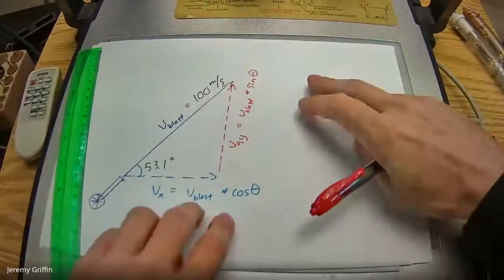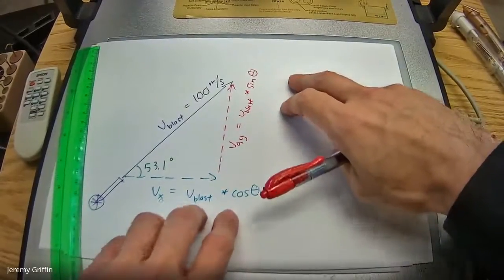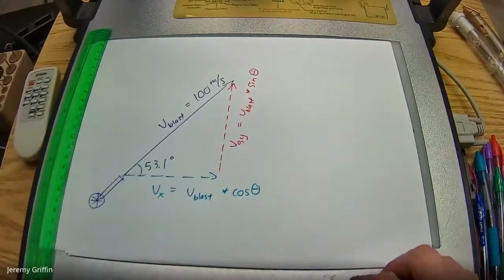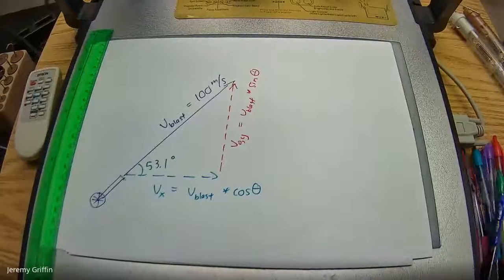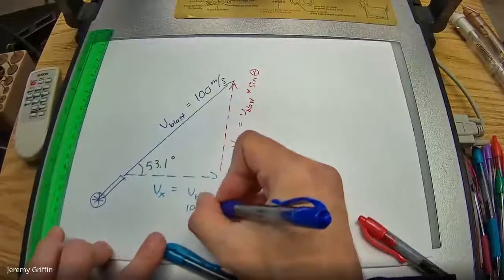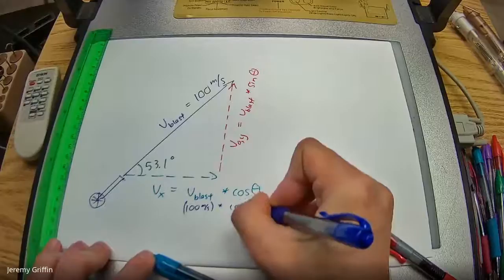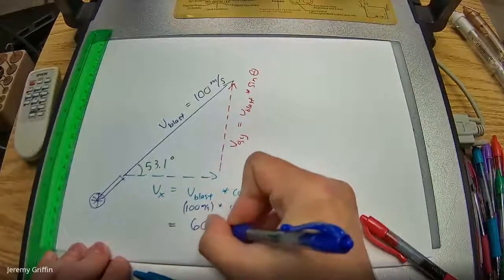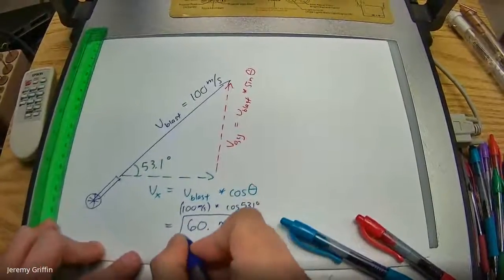What I just wrote, you should feel really comfortable with by this moment in the class. If you don't, then go back and solve some more trig. If you plug in 100 meters per second times cosine of 53 degrees, what's that equal to? 60 meters per second. Let's hold on to that number, that's going to be a really important number.